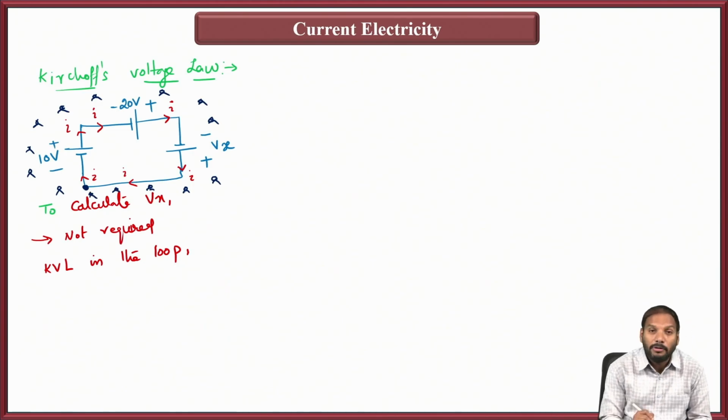This is the first thing you need to understand to apply KVL. You have to walk along the loop and come back to the same point, completing the closed loop.